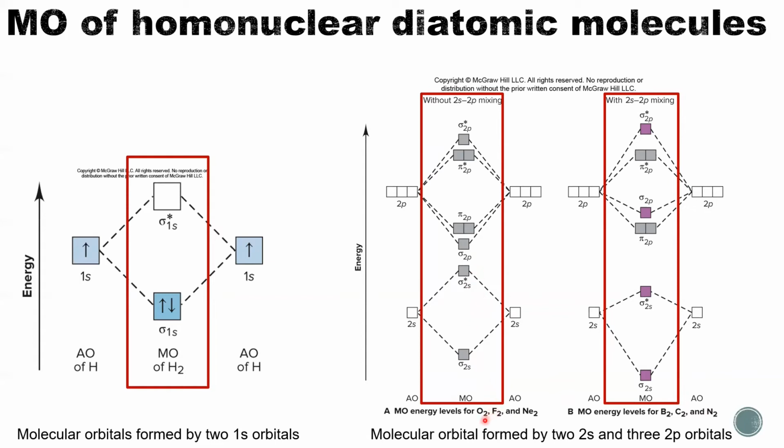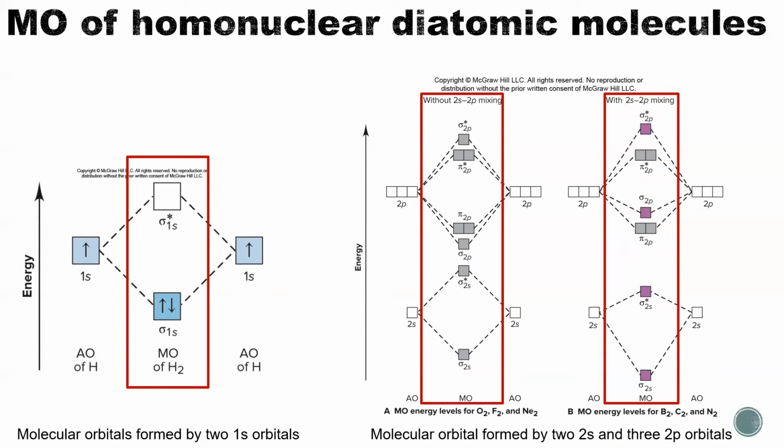But for oxygen, fluorine, and neon, we have the sigma 2p, then the two pi 2p orbitals, and then the anti-bonding pi star 2p, and finally the sigma star 2p. But for boron, carbon, and nitrogen diatomic molecules, when the 2p orbitals mix, pi 2p is a more stable bonding molecular orbital than sigma 2p, then pi star 2p, and then sigma star 2p.